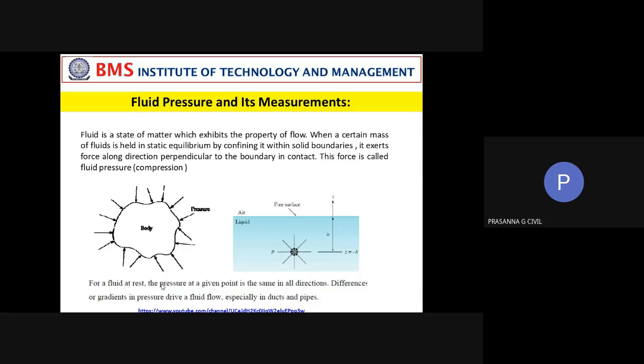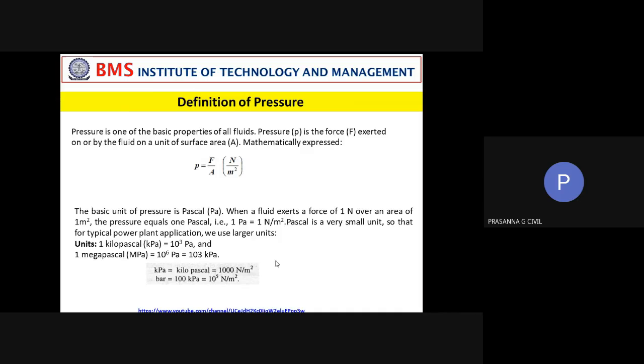For fluids at rest, the pressure at a given point is the same in all directions. But how is that? They are saying it is the same in all directions. We know that pressure is one of the basic properties of all fluids.